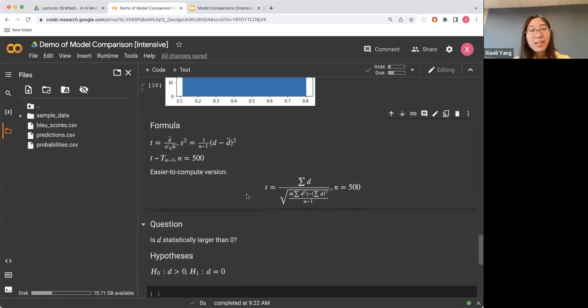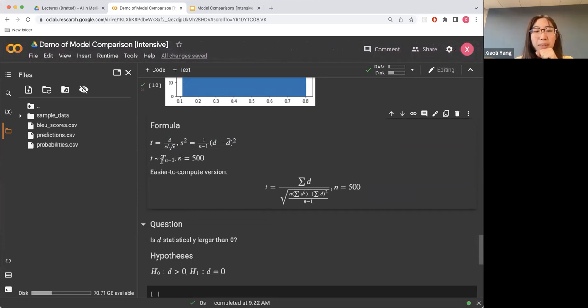So now let's look at the formula for the paired t-test. This is the t-test statistic for this test. Basically, we want to take the average of the difference and normalize it according to its standard deviation over the square root of the sample size.